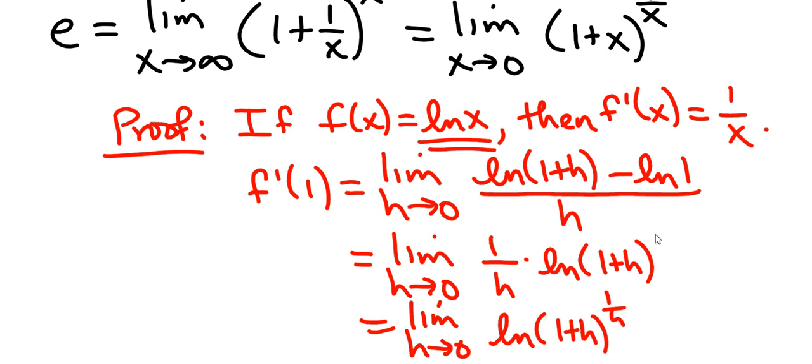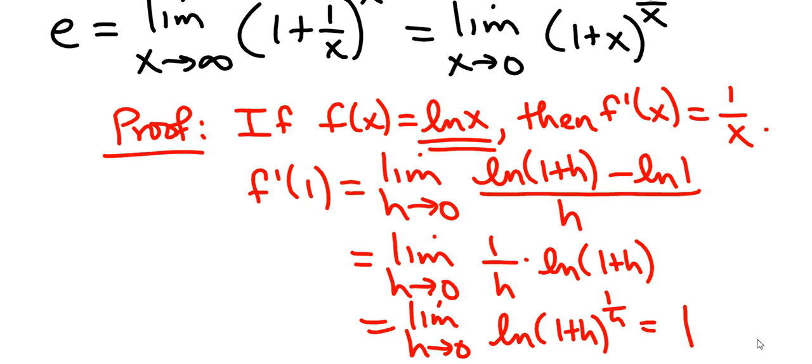Right? It's really a power. And so this limit is 1, because this limit is the derivative, and that's 1 over x. And 1 over x, that's 1 at 1.